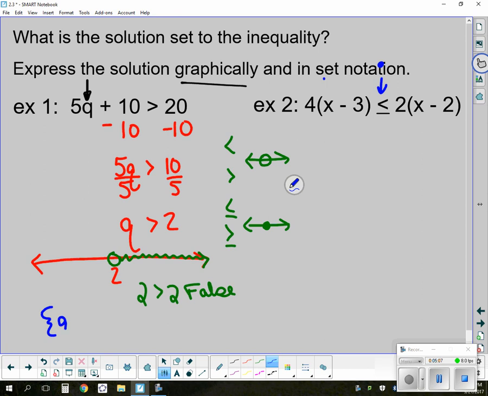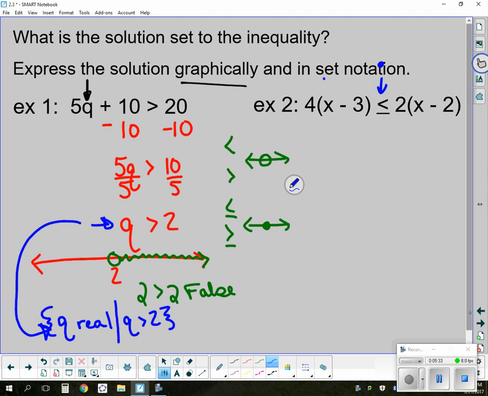So we say q is real because we're always working with real numbers. So you're writing that every time. Vertical bar. And then how are you describing your set? Well, we're saying that q has to be greater than 2. So it's really the normal solution you would give, just written in these fancy brackets and specifying that q is real.